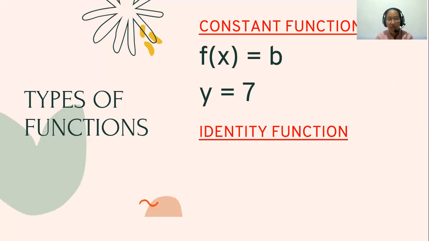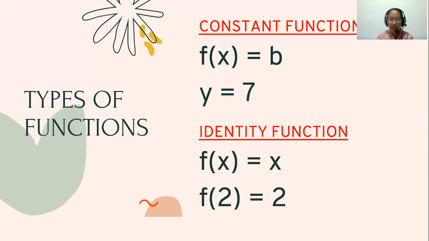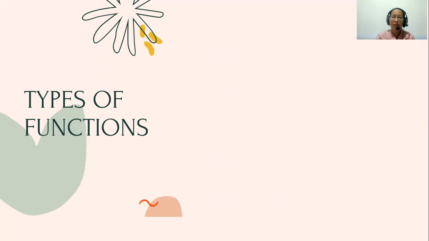In other words, the identity function is a function in the form of f of x is equal to x. Whatever is the value inside the parentheses, that is your function. Say we have f of 2 is equal to 2. F of 1001 is equal to 1001. So we have an identity function.